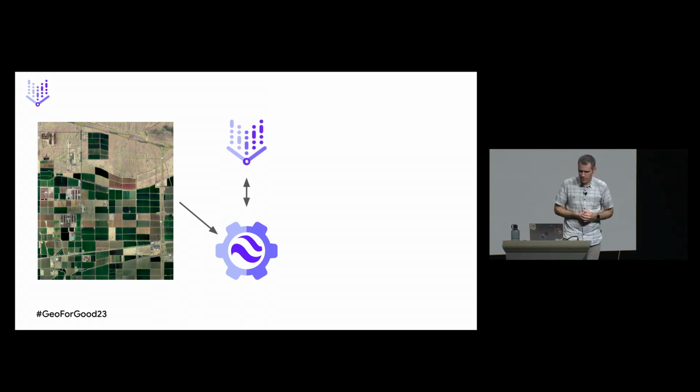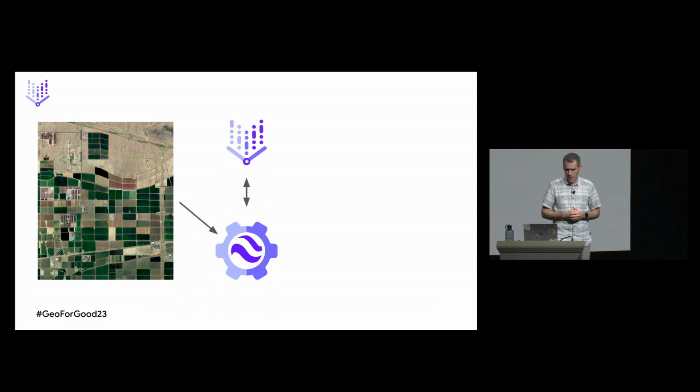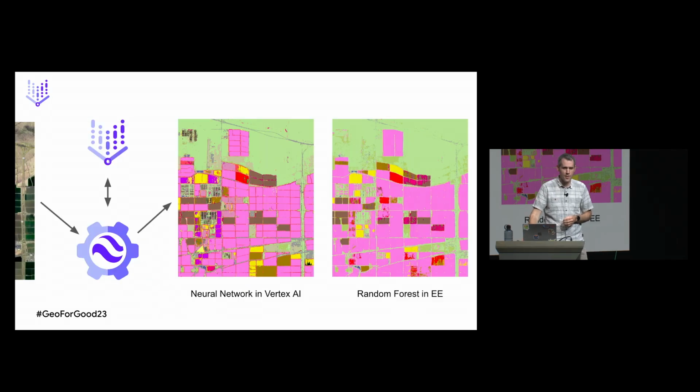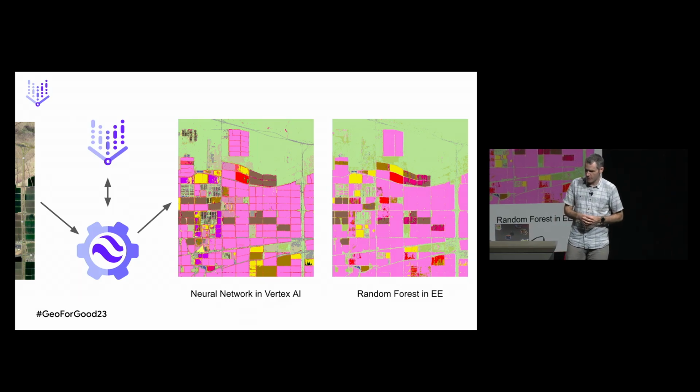So this is something that was highlighted in the plenary talk this morning. This is an example working with the National Agricultural Statistics Service, where they wanted to improve their cropland data layer that they produce for the United States of America.